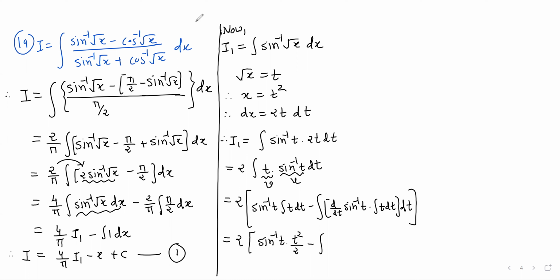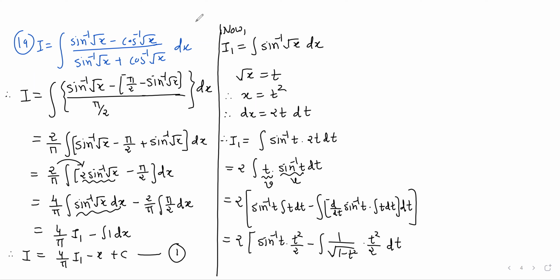Derivative of sine inverse t. 1 upon under root. Yes, honey. Okay. 1 upon under root 1 minus t square into again t square by 2 dt.